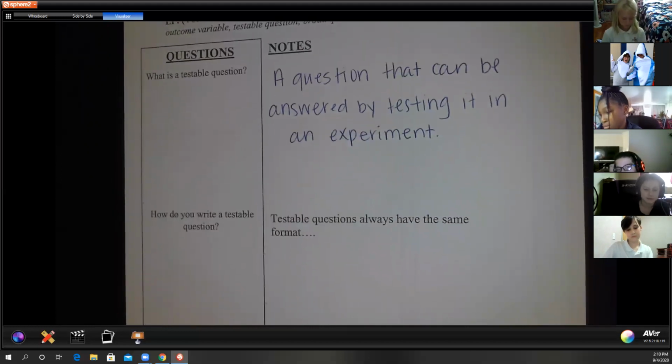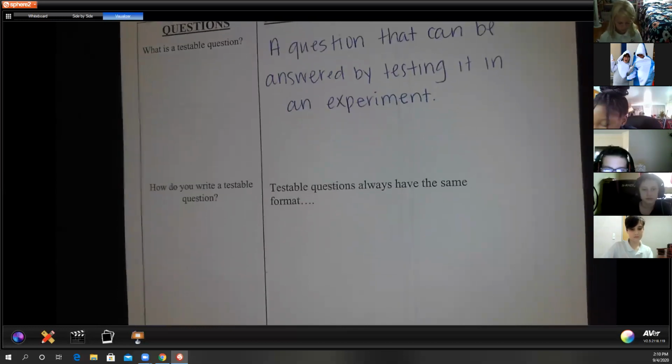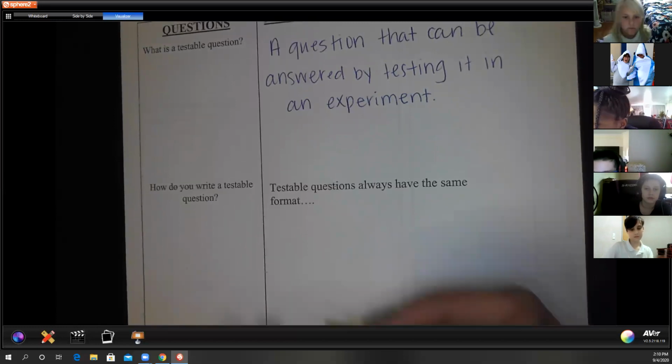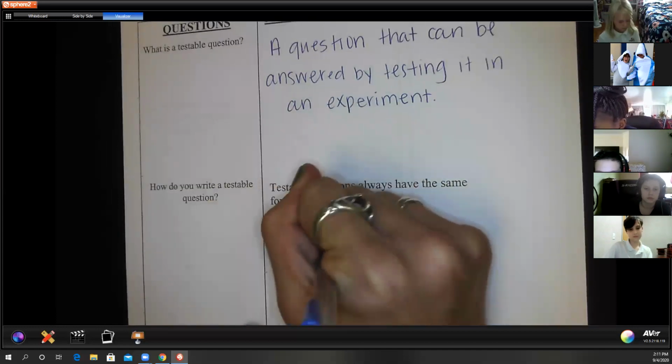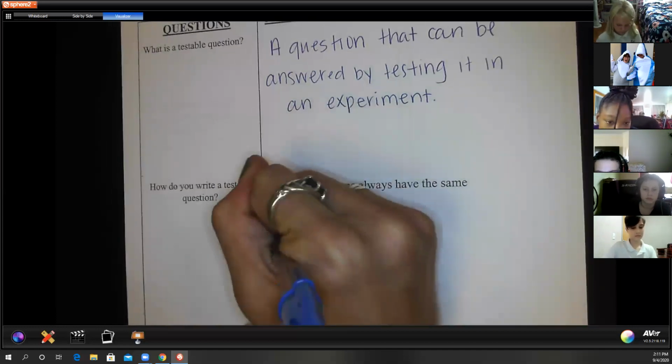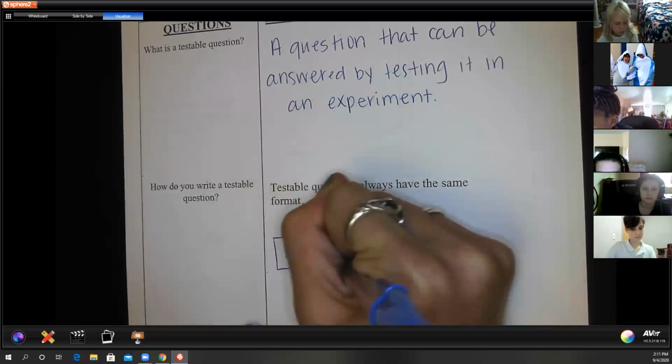So our big thing is, how do we write a testable question then? We know that an experiment has an independent and a dependent variable, right? So our question has to also show what our independent and dependent variables are. We're always going to start it the same way for the purpose of this class. I've got a couple friends that are going to be locked in a box, because we're always going to use them.